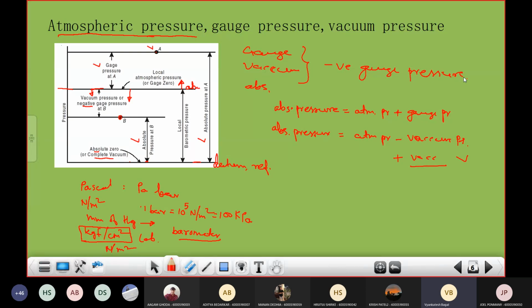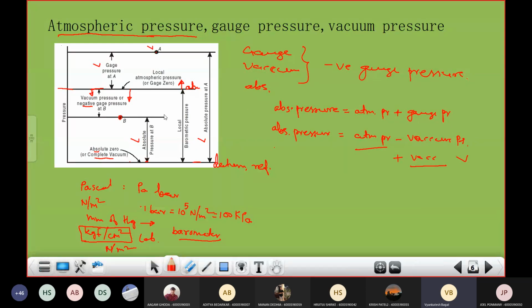Is it clear? So the absolute pressure at point B, you have to deduct this vacuum pressure from atmospheric pressure. So absolute pressure is less than atmospheric pressure. Is it clear? Relation between absolute pressure and atmospheric pressure.